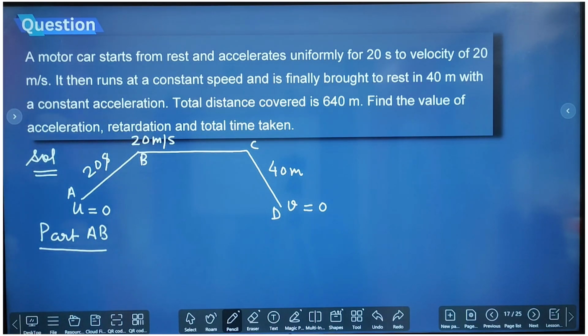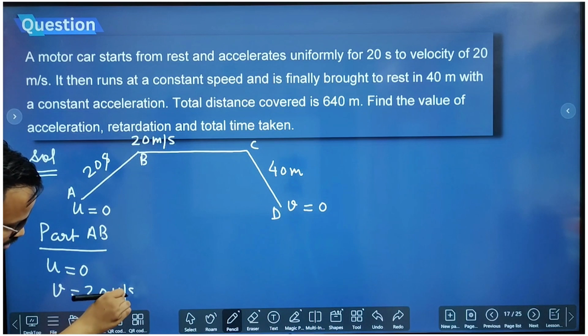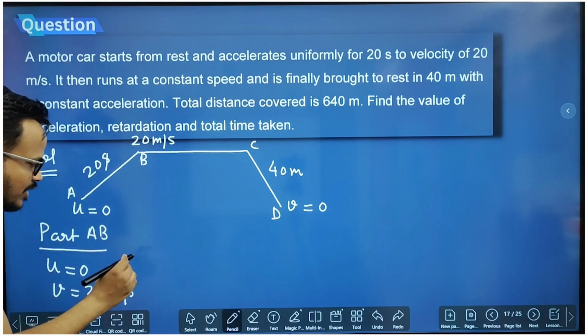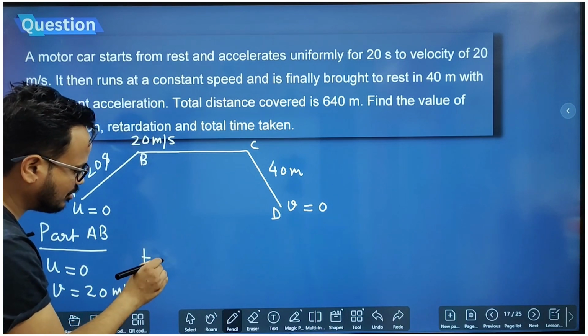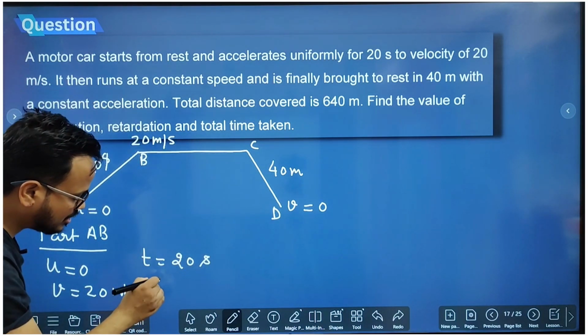Part AB. So for part AB, u is 0 and v is 20 meter per second, and time is 20 seconds, right? So what is acceleration?